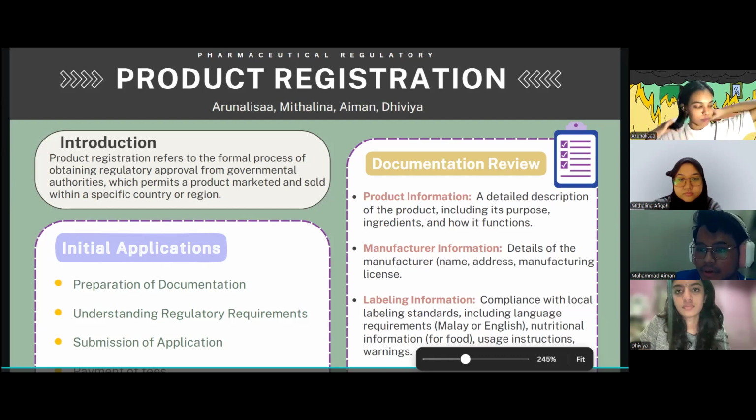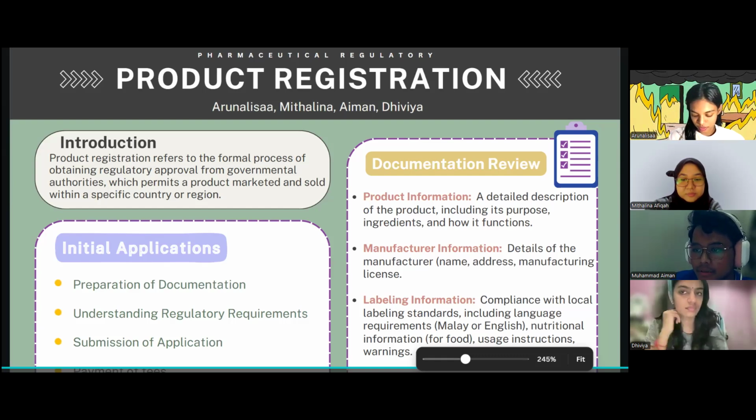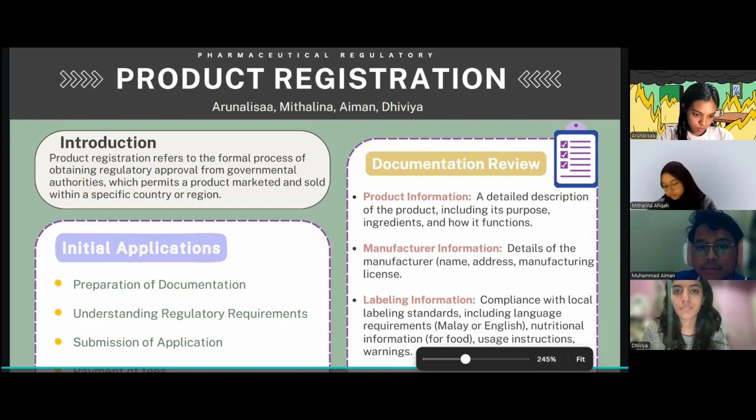So first, we're going to start with the introduction to product registration. Product registration refers to the formal process of obtaining regulatory approval from governmental authorities, which permits a product, such as pharmaceuticals, medical devices, or cosmetics, to be marketed and sold within a specific country or region.